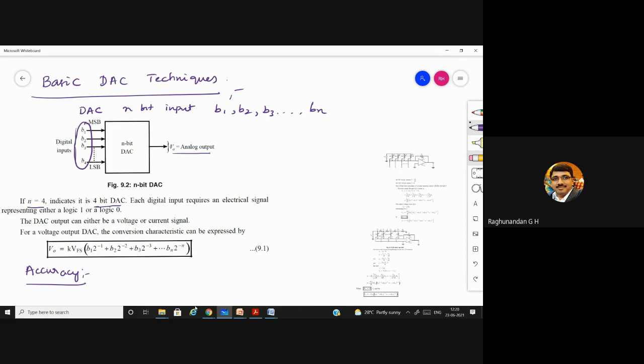Accuracy means the comparison of the actual output with the expected output. We are going to tell how accurate we are. So from that we can tell how efficient a particular converter is.